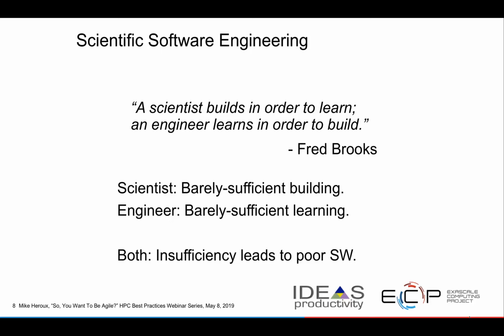Whereas an engineer's purpose is to build something, and so they do sufficient learning so that they can build what they want. So the challenge is that if we don't put enough effort into the building as a scientist or the learning as an engineer, we get poor results, poor software.